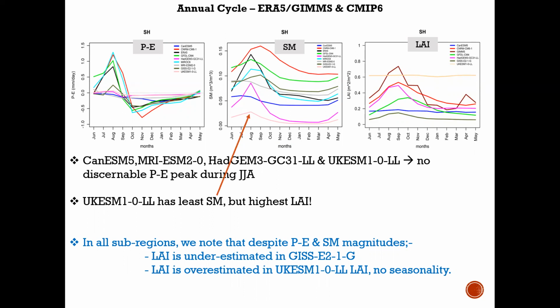Although UKESM has the least soil moisture, it has the highest leaf area index, and that may not be very consistent with what is expected. For sub-regions of Africa, UKESM has the highest leaf area index and shows little seasonality, while GISS-E2-1-G shows the least leaf area index.